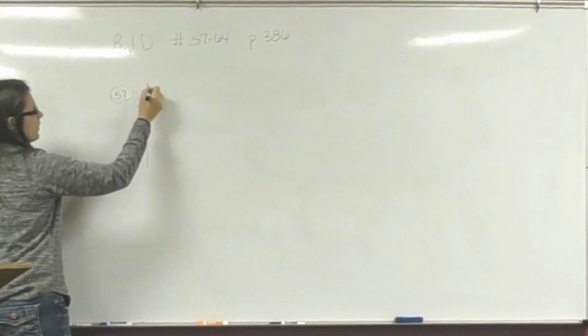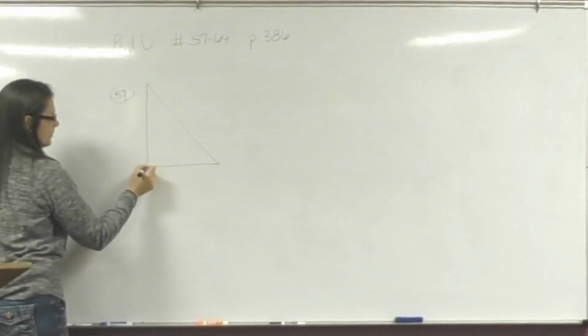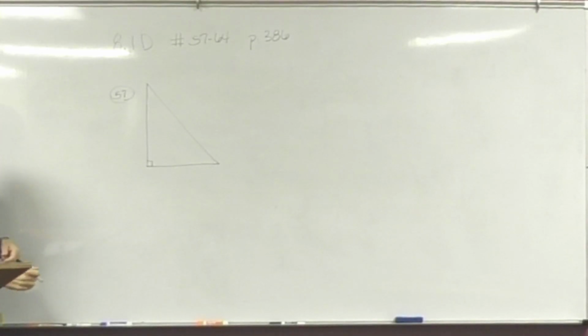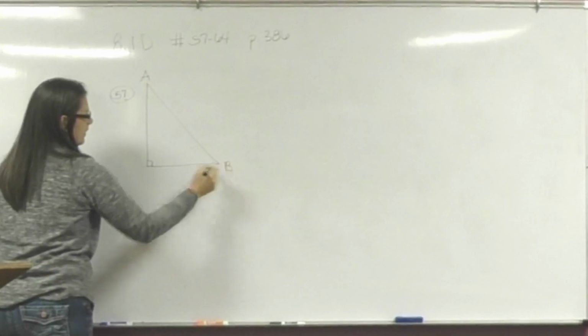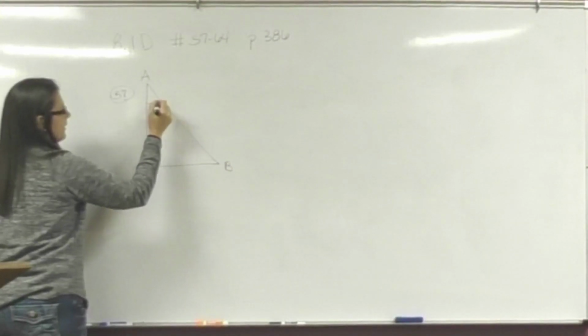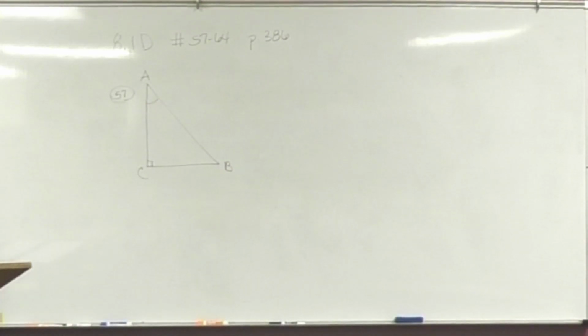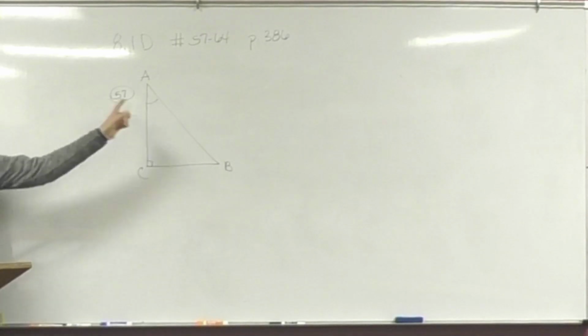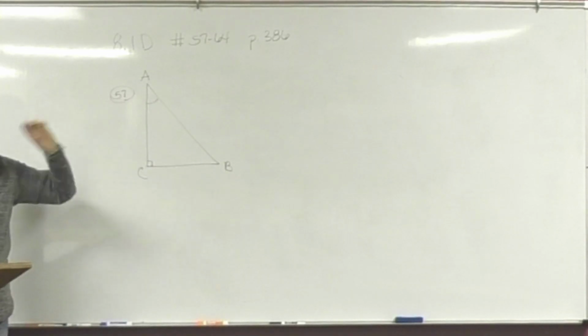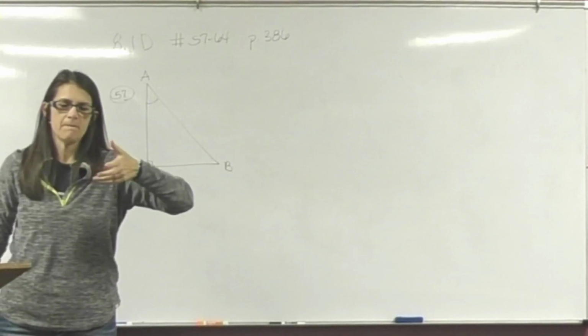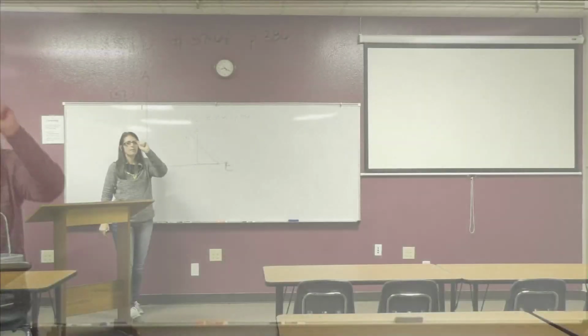So this is what I would want you to do. I believe A is your reference angle. Okay. So this is how I know what angle I'm using to answer my questions. It's the one that's going to be marked.